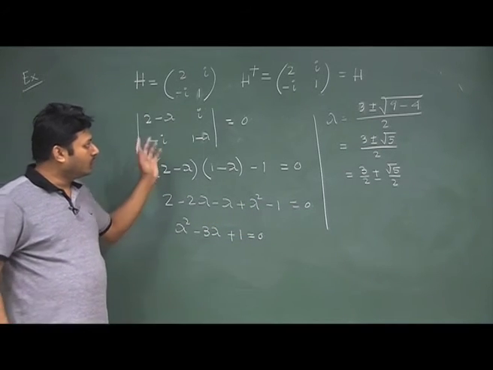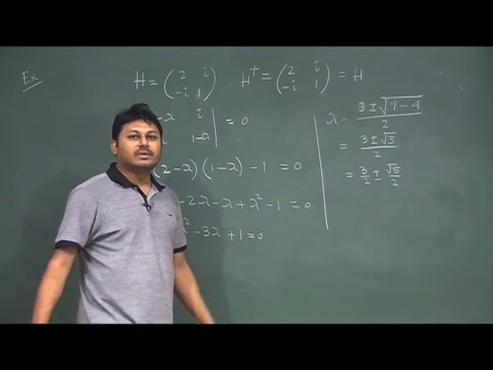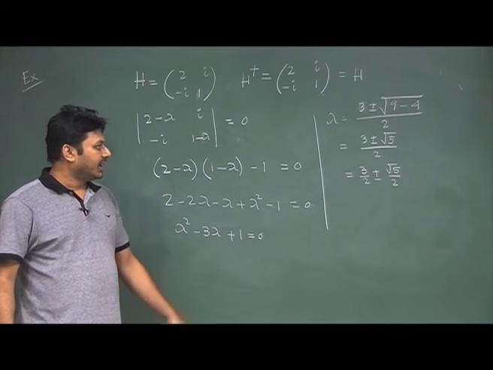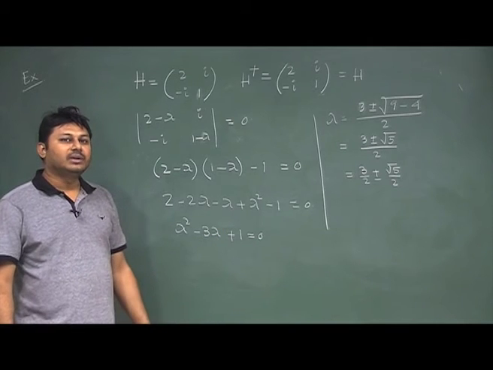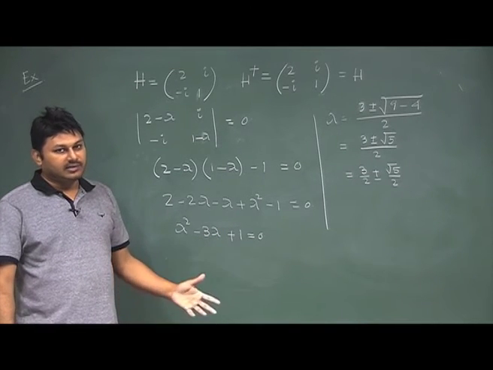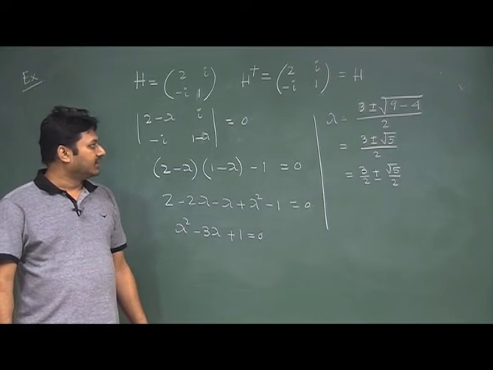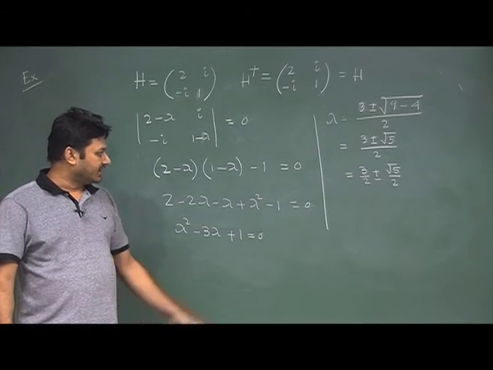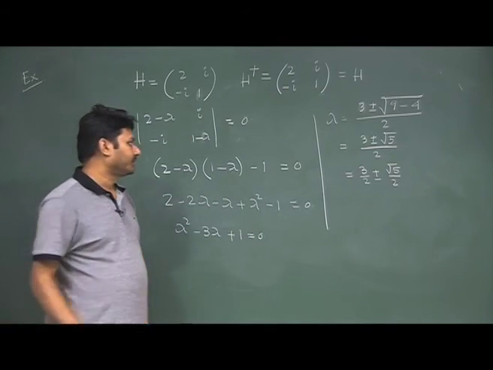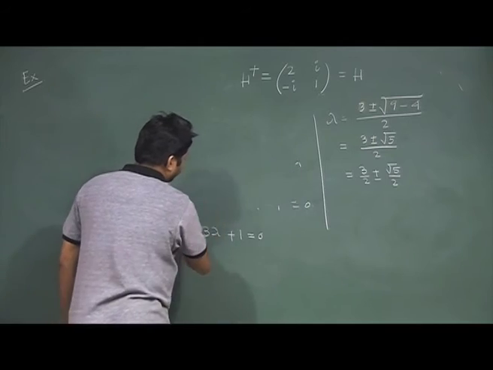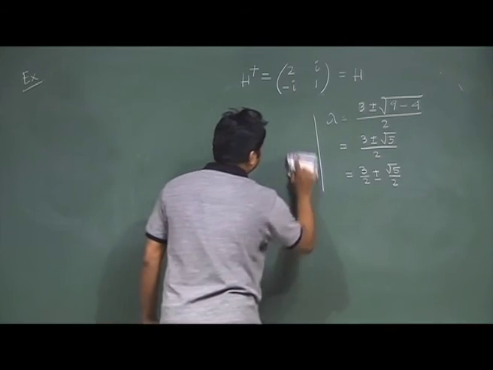You can do the same thing for other Hermitian matrices, and you can take this as an exercise, to check by yourself that every time the eigenvalues are real. Okay, so we now have a very brief idea about what a Hermitian matrix is.